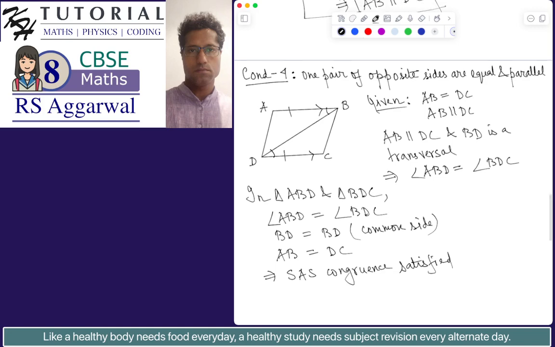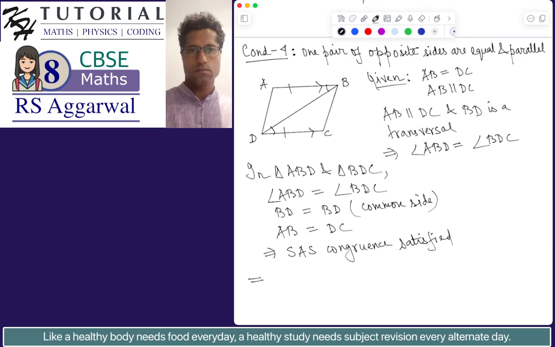Hence, the congruence relationship will be triangle ABD should be congruent to... the vertex B definitely should have a correspondence to vertex D. So we must have B corresponding to D. What is the corresponding vertex of A?